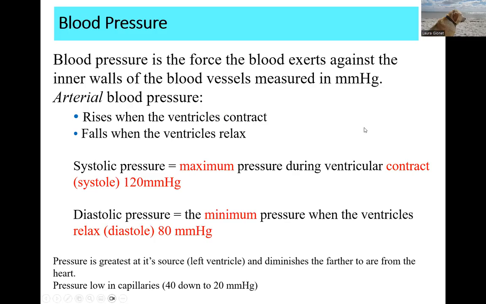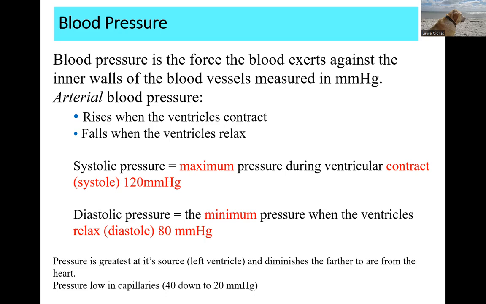Okay, so blood pressure is the force of blood exerted against the inner walls of a blood vessel. It's measured in millimeters of mercury. Arterial blood pressure rises when the ventricles contract and falls when they relax. Now, the maximum pressure upon ventricular systole is the systolic pressure, and that's always the value in the numerator.